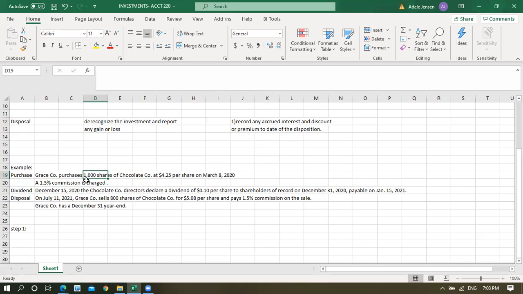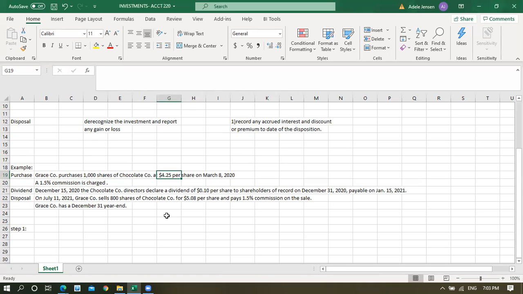Okay, so we know that we have 1,000 shares and we are purchasing them for $4.25. Now we're using this cost model and it can only be used for equity investments under IFRS in which fair value of shares cannot be determined.